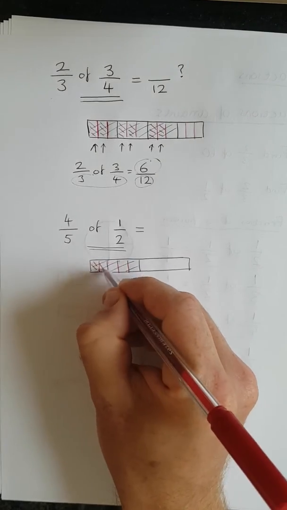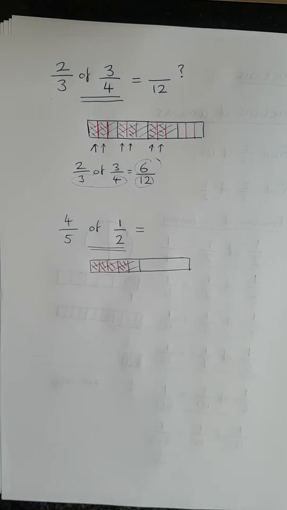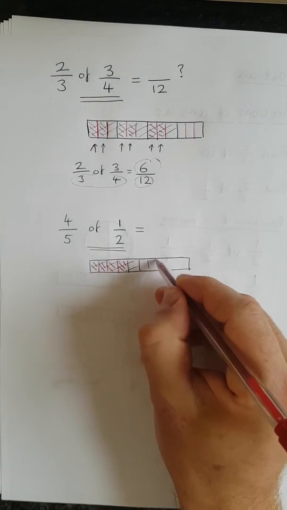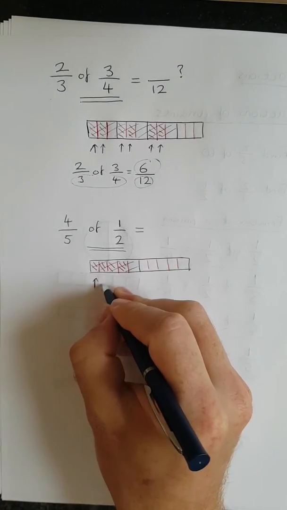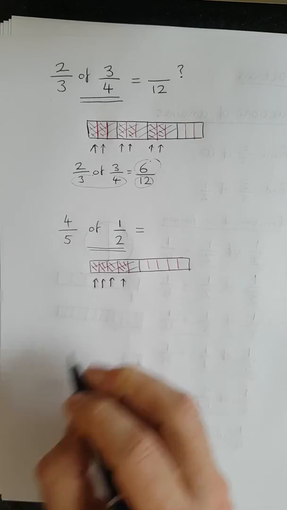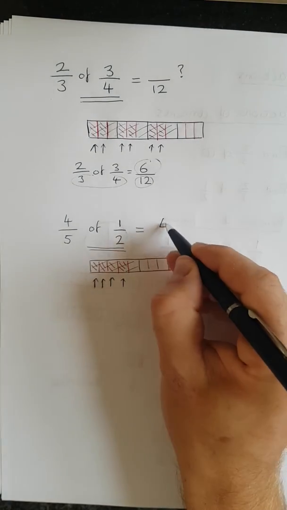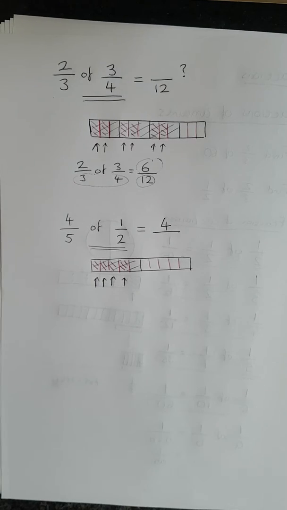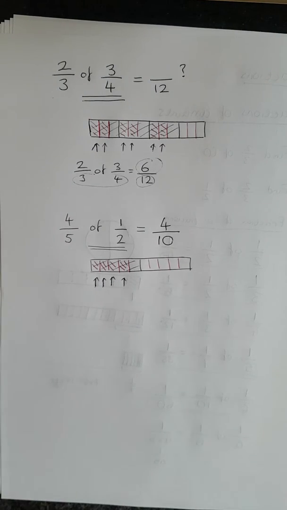And then I'm going to take 4 of those. Now I better slice the other half into fifths. 1, 2, 3, 4. Out of how many? 10.